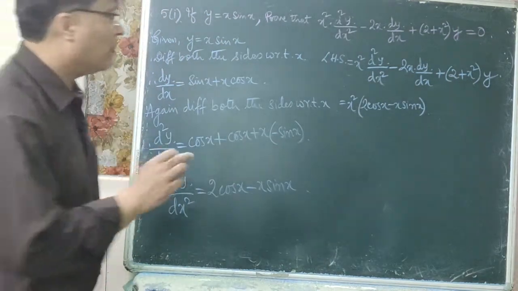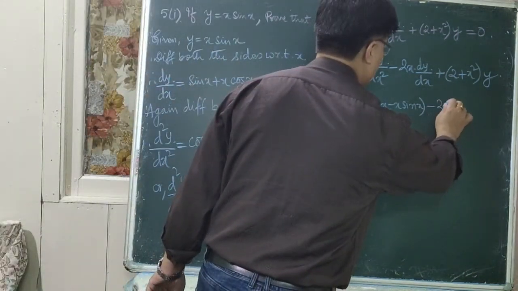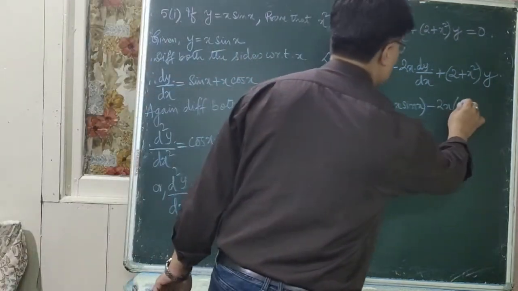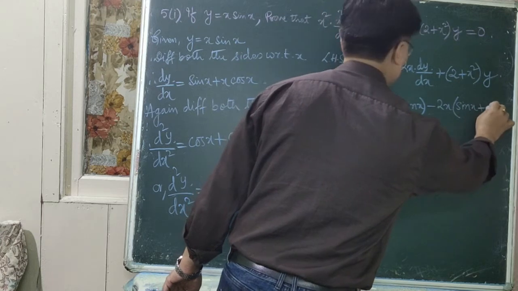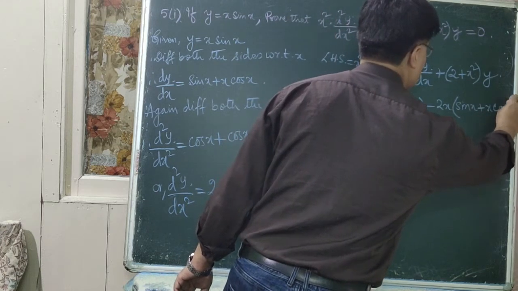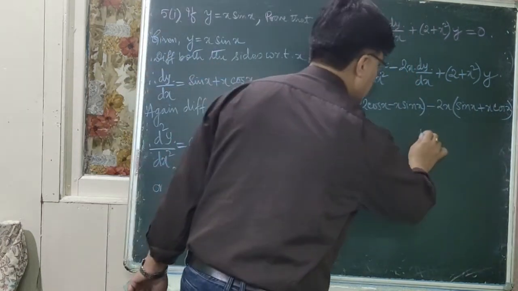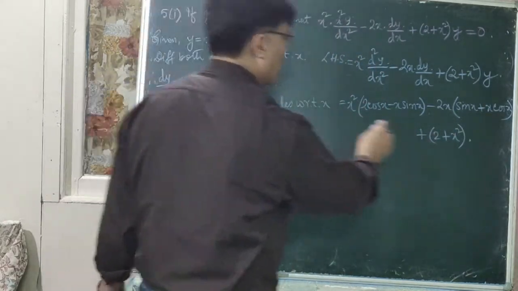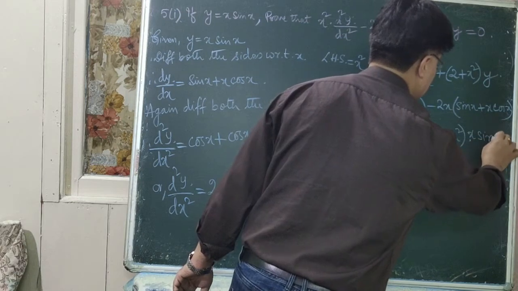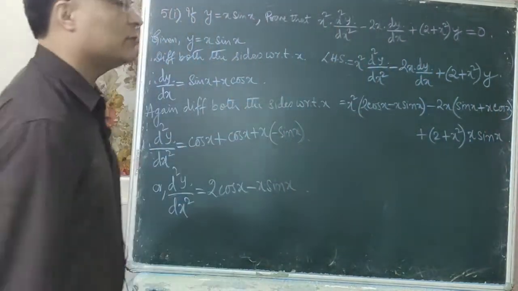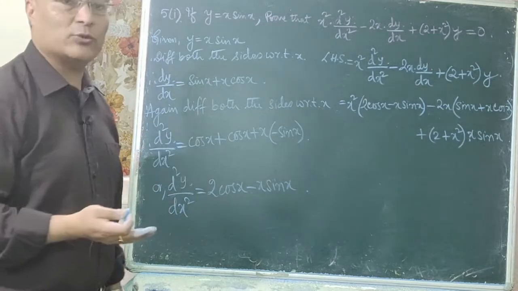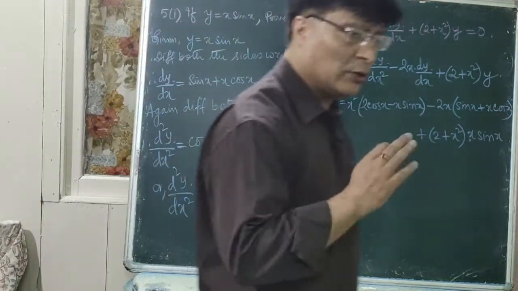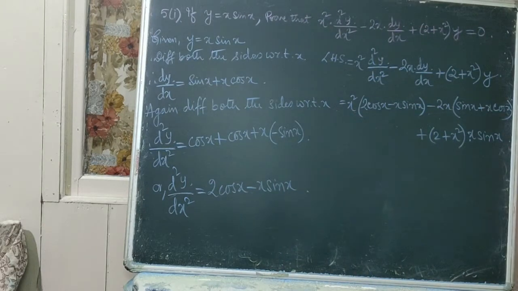Next, minus 2x into, what is the value for dy by dx? dy by dx is sin x plus x cos x, bracket closed, then plus within bracket 2 plus x square into, what is the value for y? Y is x sin x. So we have put the values of d2y by dx square, dy by dx as well as y. Is that clear to all of you? So now let us simplify it to prove right hand side which is equal to 0.